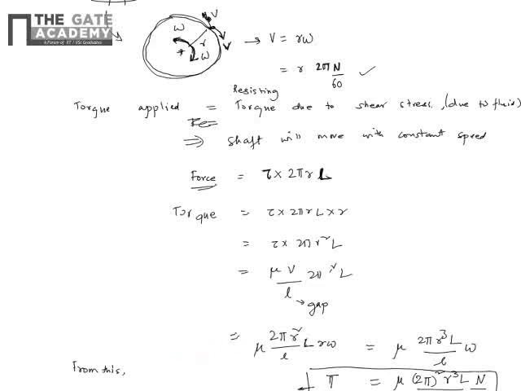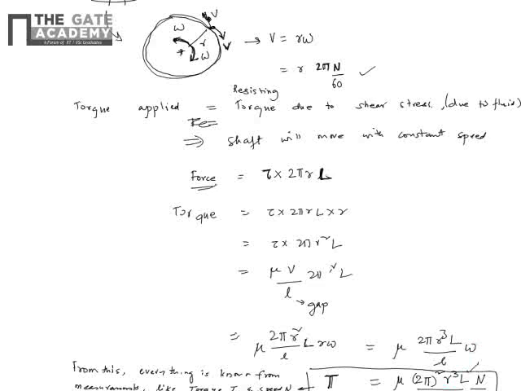So from this equation, everything is known from the measurements, like torque T and speed N. And the dimensions are all known: I know how much is the gap, and L is the length of the shaft.